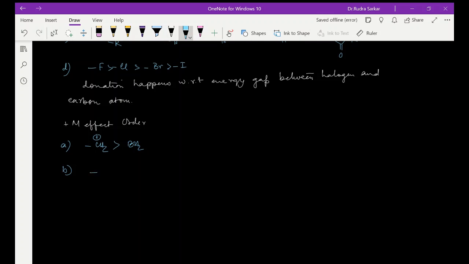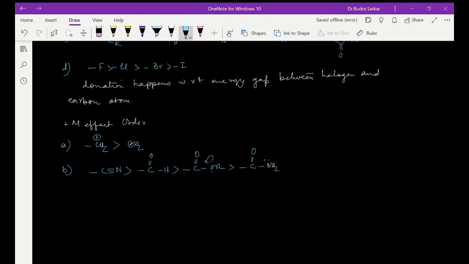So if you compare cyano group, it will be more electron withdrawing than the aldehyde, which will be more electron withdrawing than the ester, because in the ester itself there is some donation coming from the OR, okay, which will be more electron withdrawing than the amide.